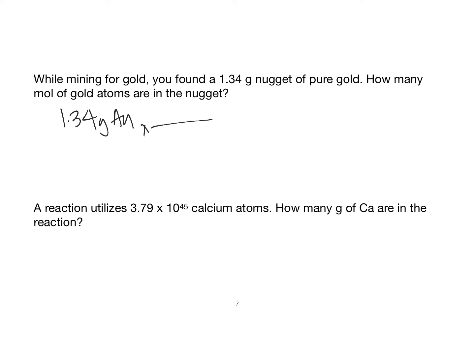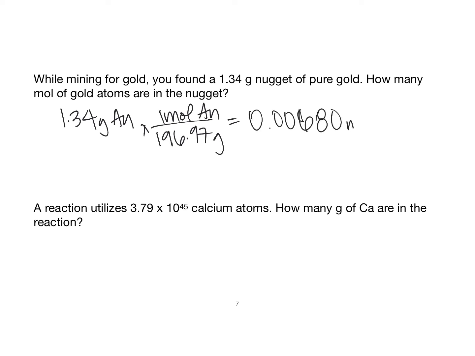Then we're going to use the molar mass of 196.97 grams in 1 mole of gold. And that's going to give you 0.00680 moles of gold.